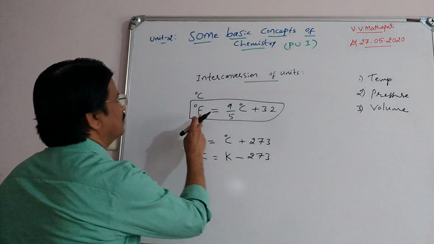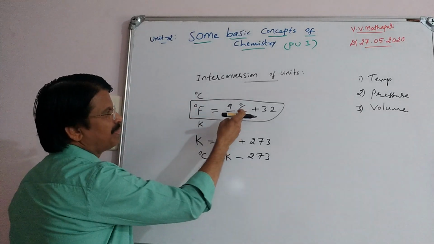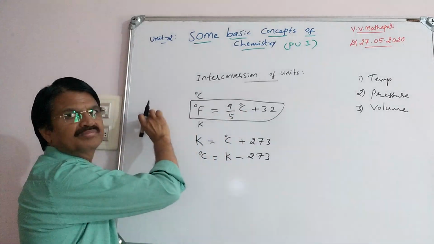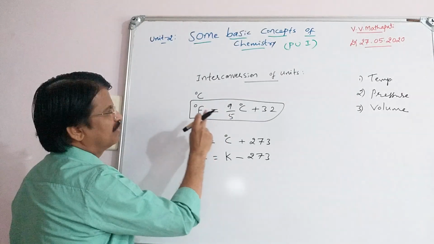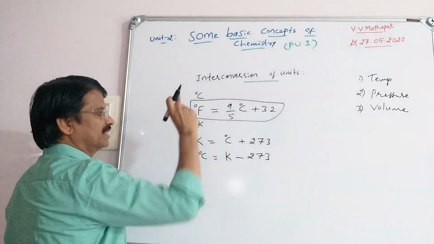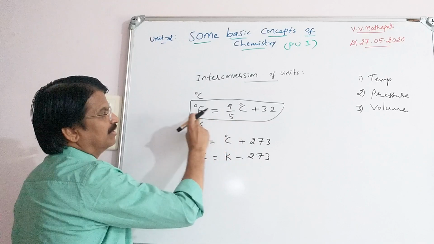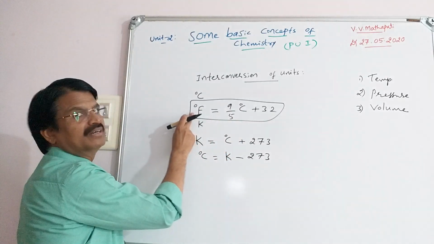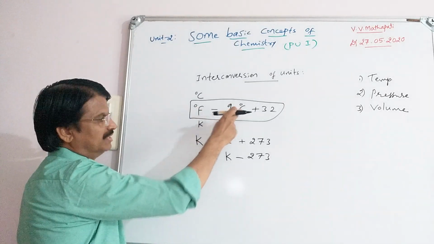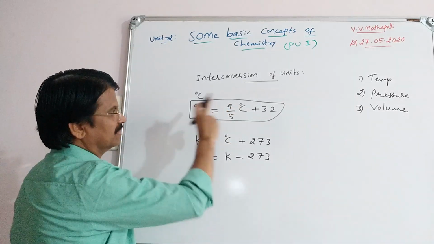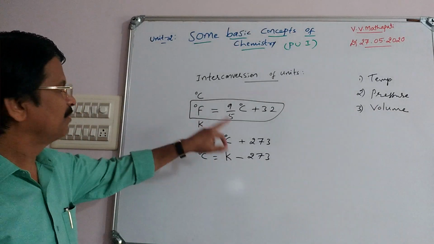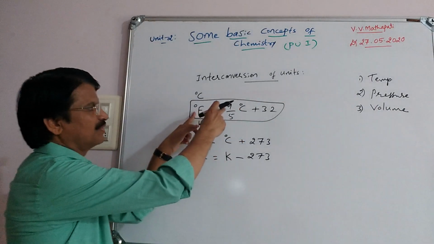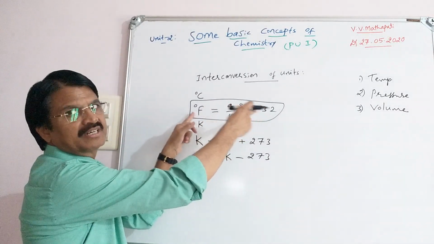For Fahrenheit into degree Celsius, 9 by 5 degrees Celsius equals Fahrenheit minus 32. For Fahrenheit to Kelvin, first convert Fahrenheit into degree Celsius, then into Kelvin. They will give questions in the exam. If degree Celsius is given, convert into Fahrenheit by using this formula, 9 by 5 degrees Celsius plus 32.